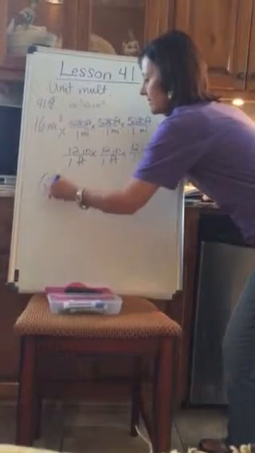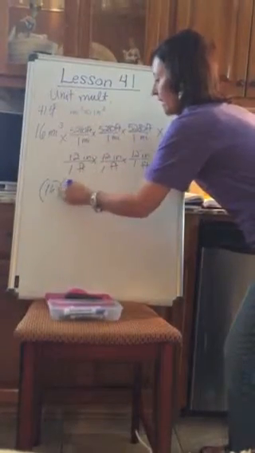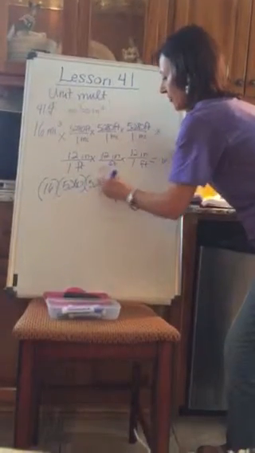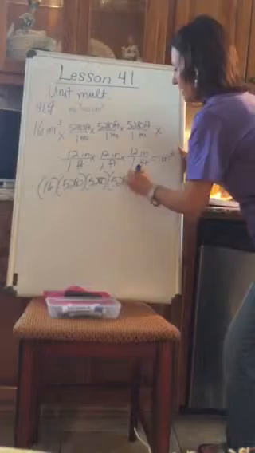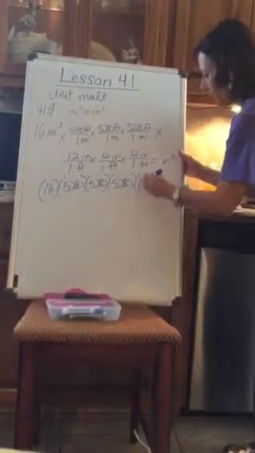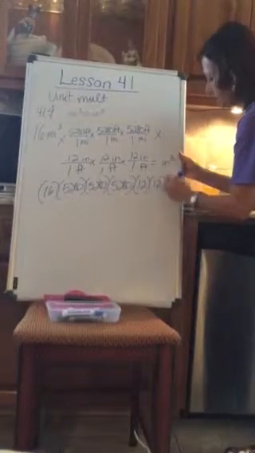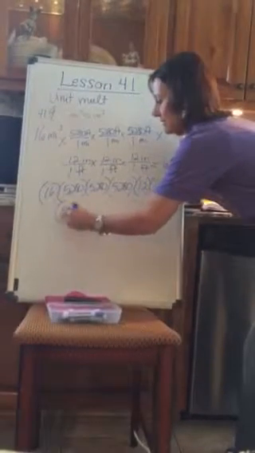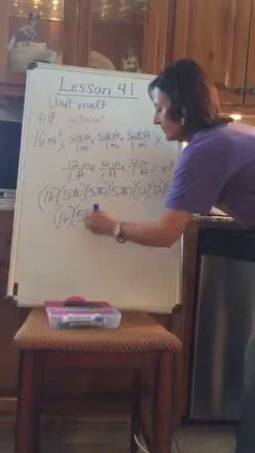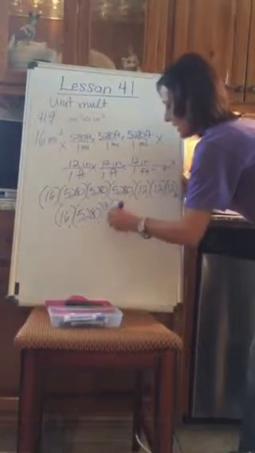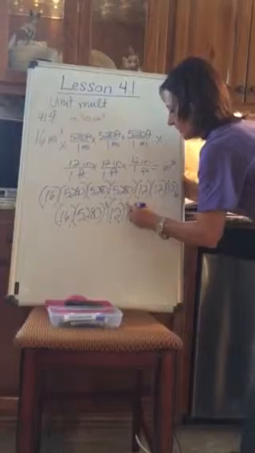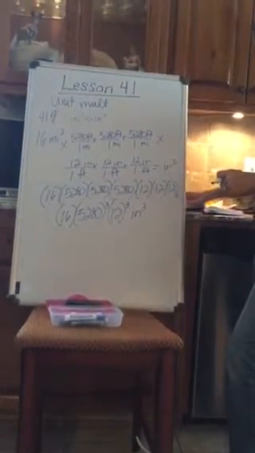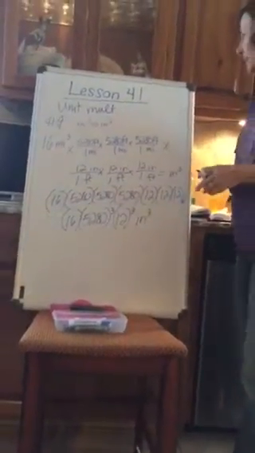So the answer is 16 times 5280 times 5280 times 5280 times 12 times 12 times 12 inches cubed. Again, you could write this as 16 times 5280 cubed times 12 cubed inches cubed, or you could just give the number. And that is lesson 41.